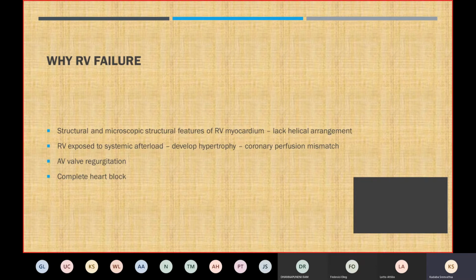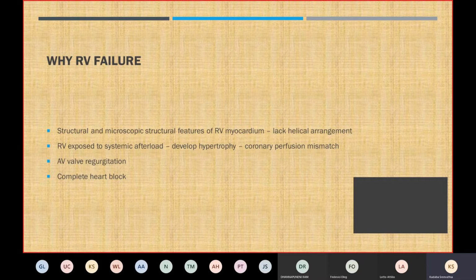It is supporting the systemic outflow, and as we know, the right ventricle is not as competent as the left ventricle. There are morphological differences. There are microscopic differences in the right ventricle and the left ventricle myocardium. The left ventricle myocardium is more helical and structurally much stronger as compared to the right ventricle.